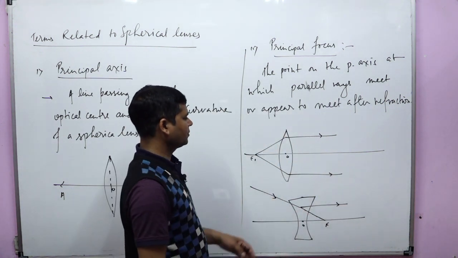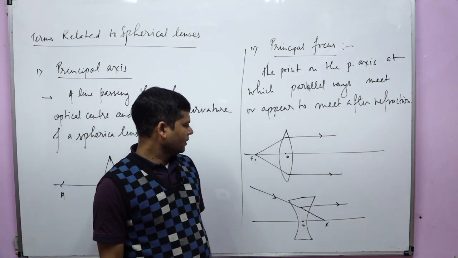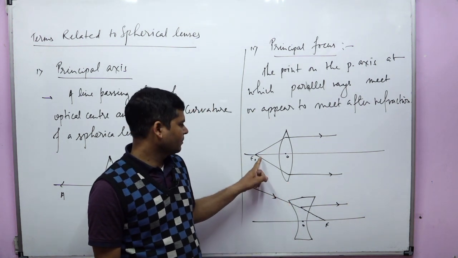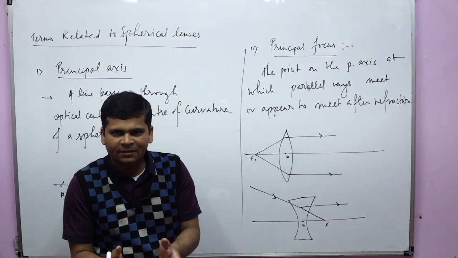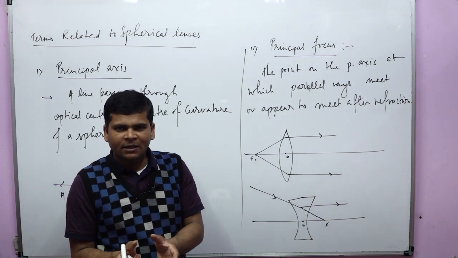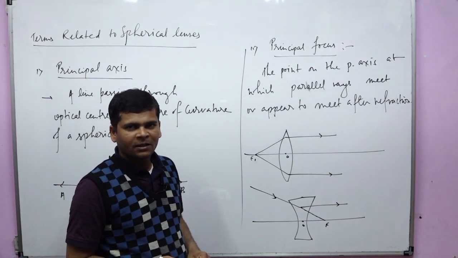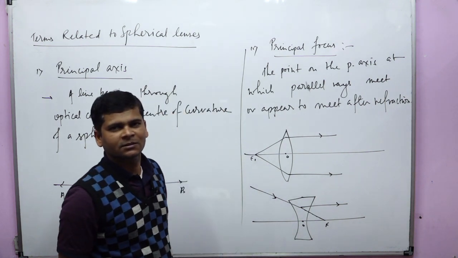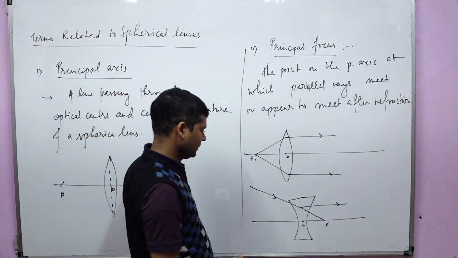So with reference to this, if I say for a biconvex lens, it is the point on the principal axis from where if the light rays emerge and are exposed to a biconvex lens, after refraction they become parallel to the principal axis. So that point is first focus, principal focus.